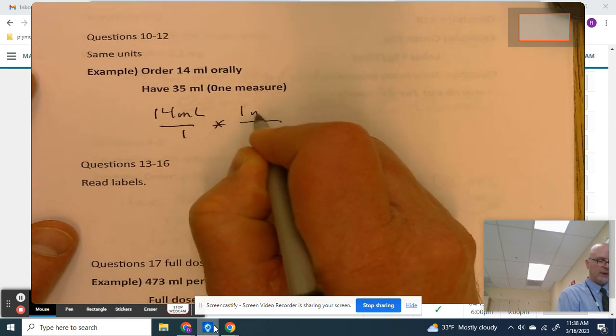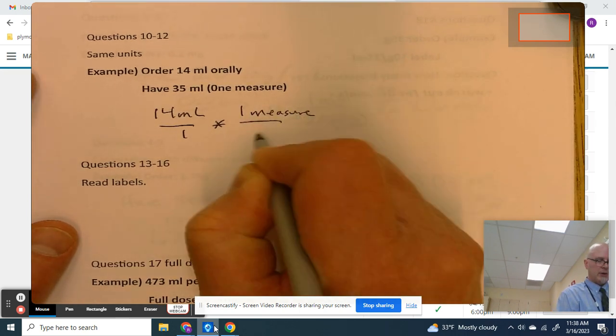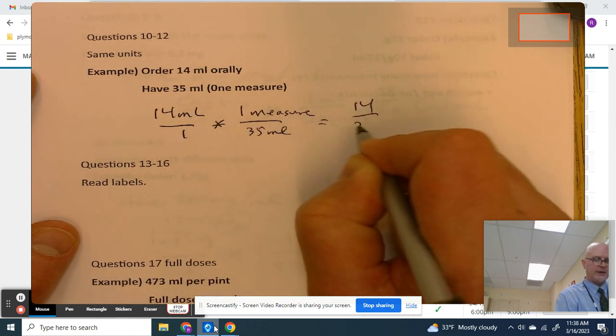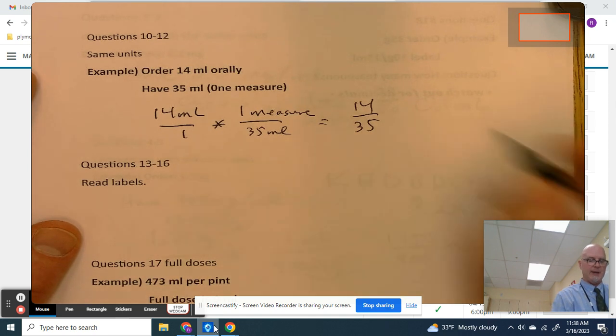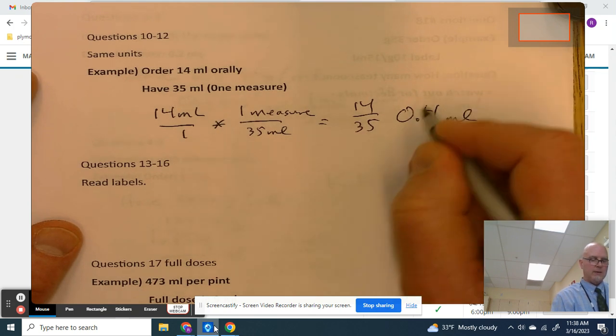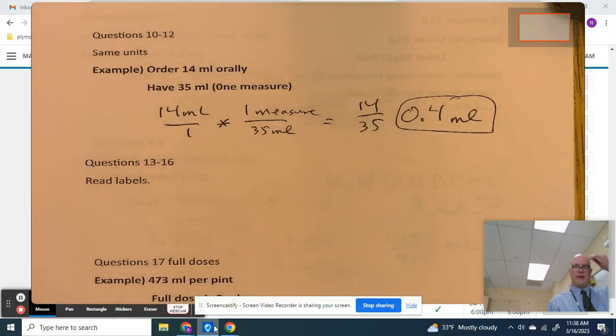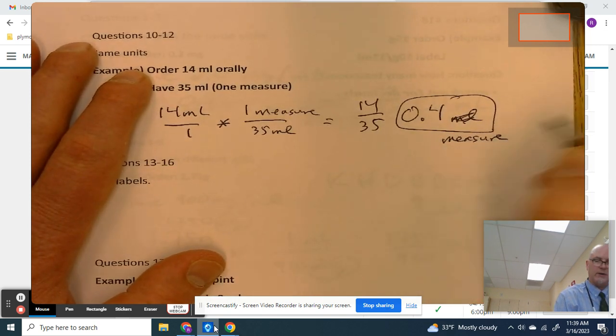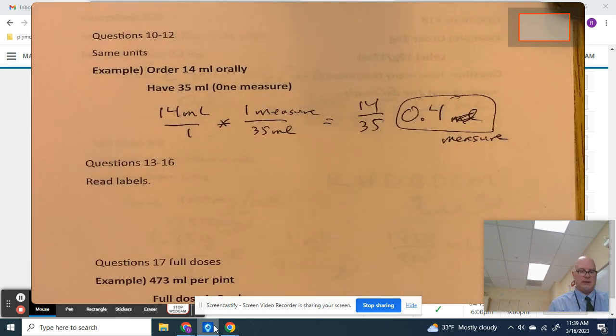This is going to be 1 measure over 35 ml. And as we have done in the past, top times the top, bottom times the bottom comes out to be 0.4 measure, because we do the top divided by the bottom, not ml, measure, my bad. This is the one where, because the word's a little different, it's going to be a measure, sort of.